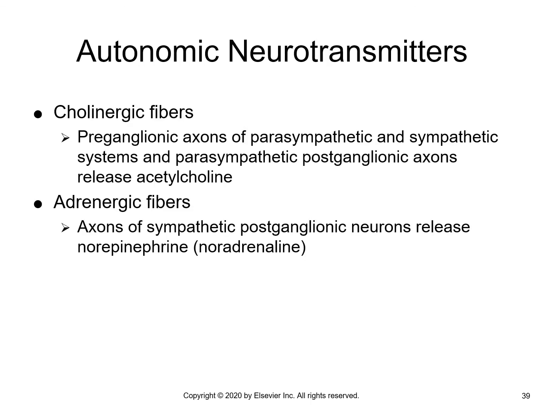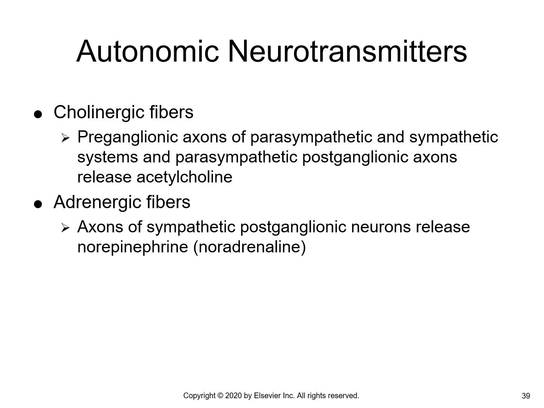So let's talk about the autonomic neurotransmitters. Cholinergic fibers: preganglionic axons of the parasympathetic and the sympathetic systems, and the parasympathetic postganglionic axons release acetylcholine. Look up acetylcholine, look up the function of acetylcholine so you know what that is.